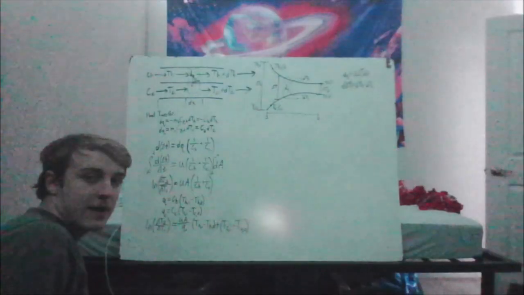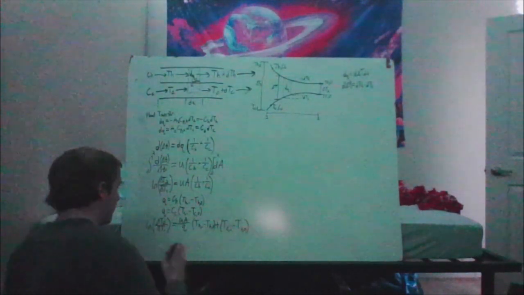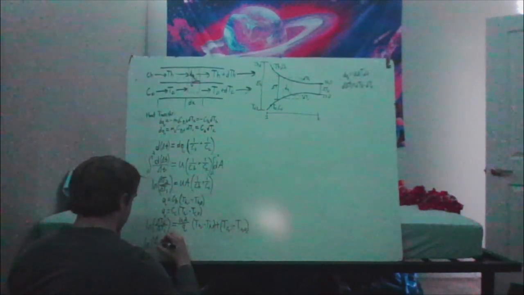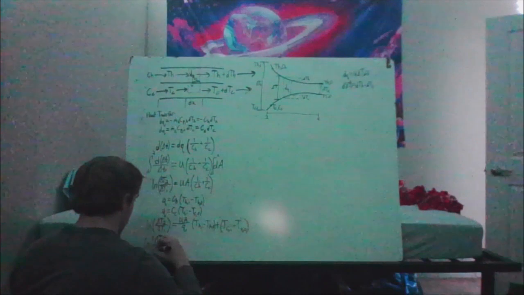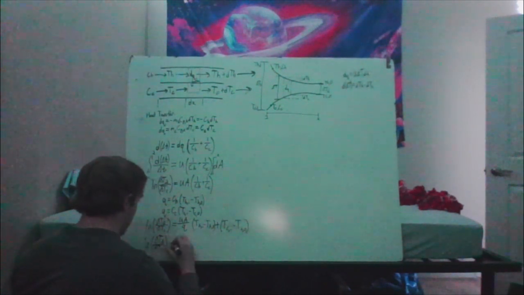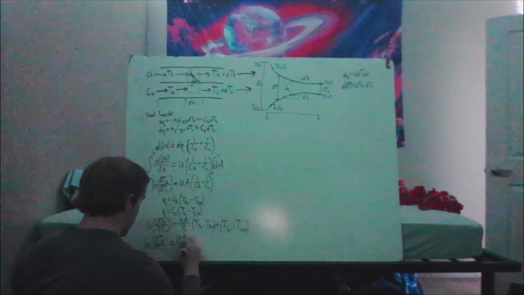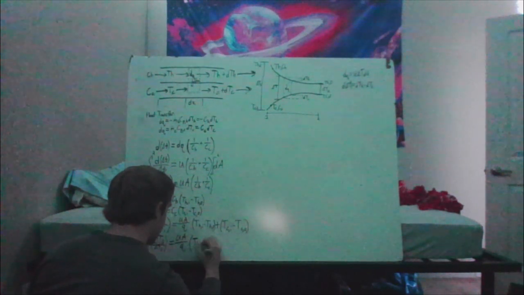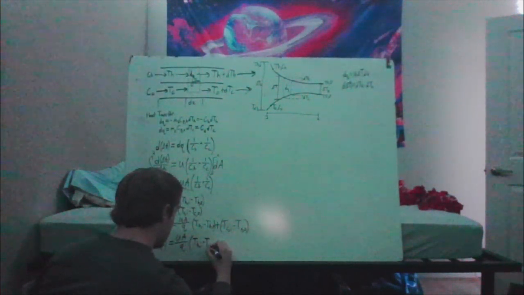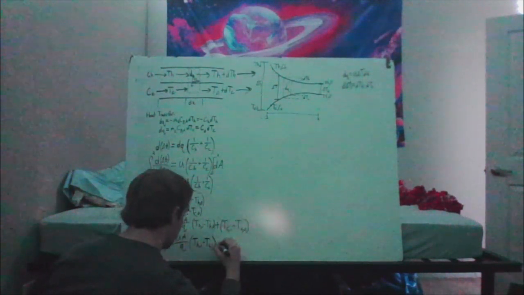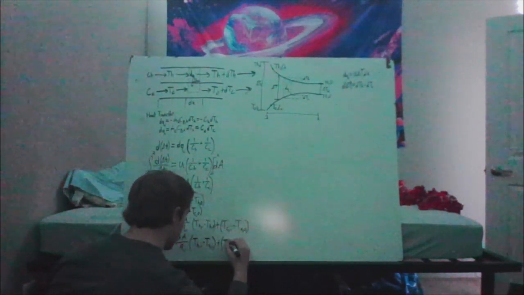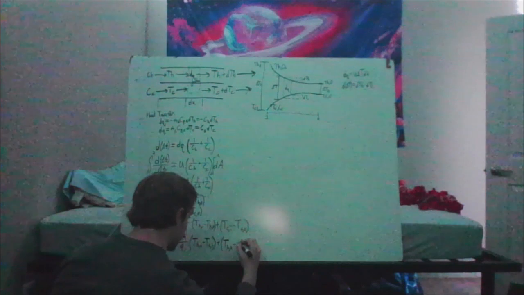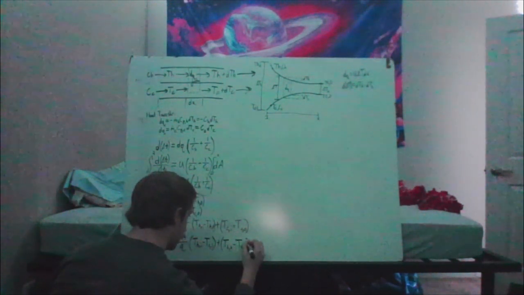Like that. And now what we can do is actually rearrange these. So I'm going to copy this down again. Then we'll have T HI minus T CI, and then plus T H0 minus T C0.